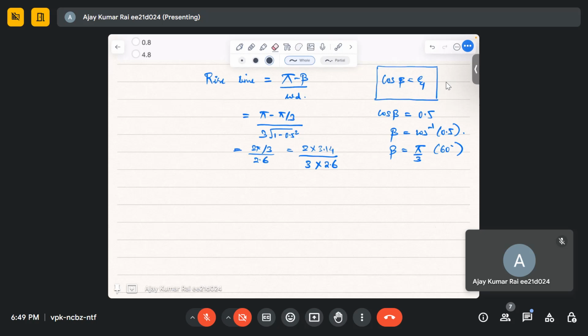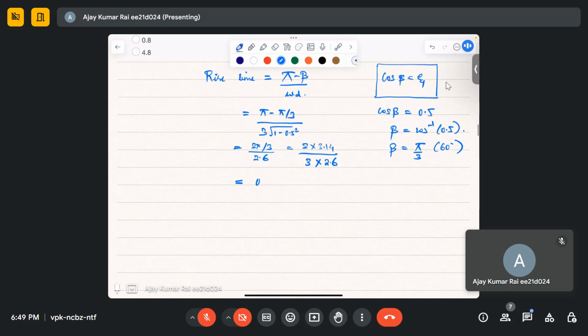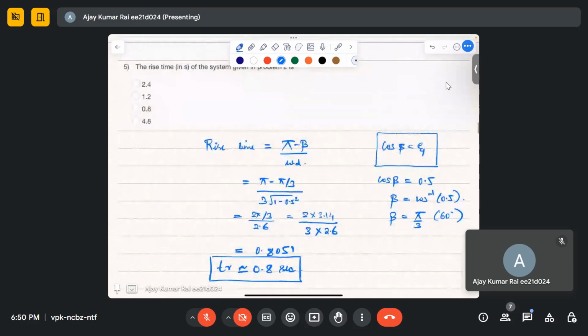What is this value? I think 0.8051. So you can write it as 0.8 seconds. I hope you're getting the same answer.